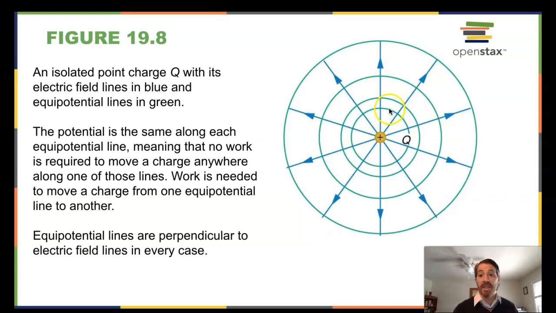Anywhere on this circle, all the way around this charge, K times Q divided by R would be equal, because the K is a constant of the universe, the Q doesn't change, and R only changes as you move farther and farther away from this charge. So on this circle, you're not moving farther away. That means that the voltage anywhere on this circle is the same.